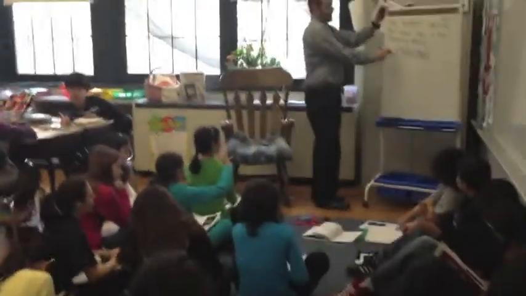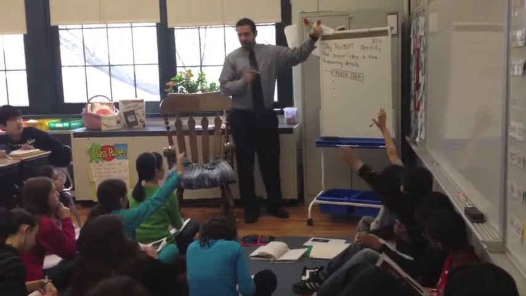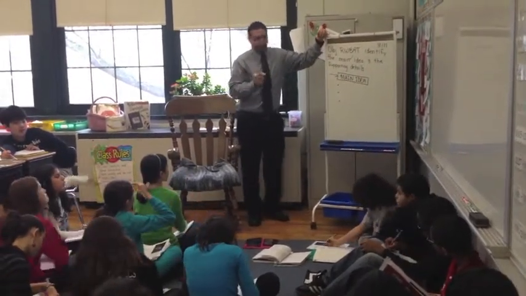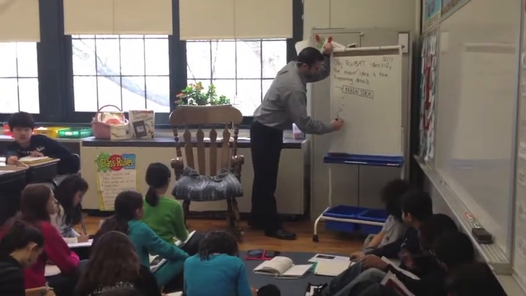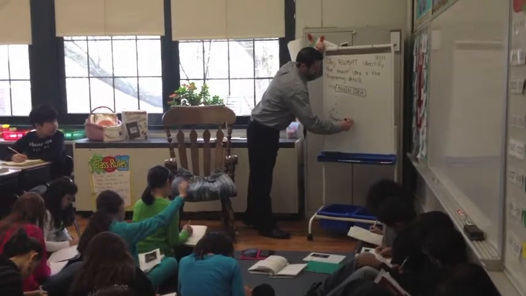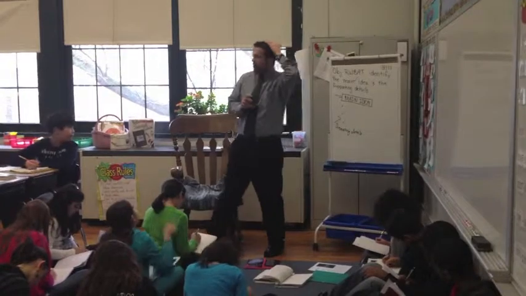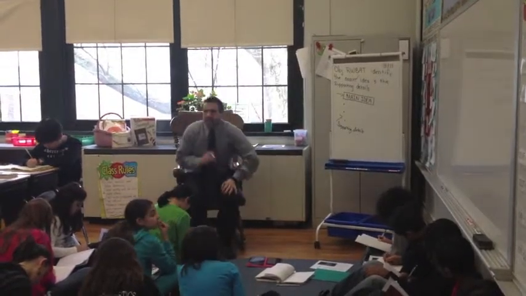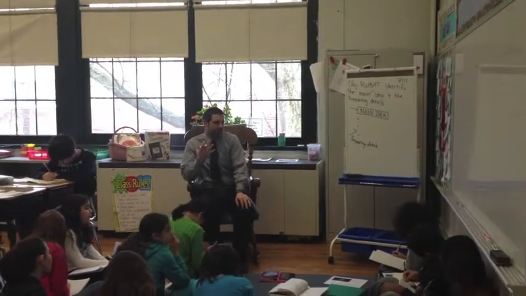So if this is the main idea, what do you think these bullets are going to represent? Supporting details, sure. These are going to be the supporting details. Now, in writing workshop, we learned that most paragraphs are going to have, or should have, 4 supporting details.